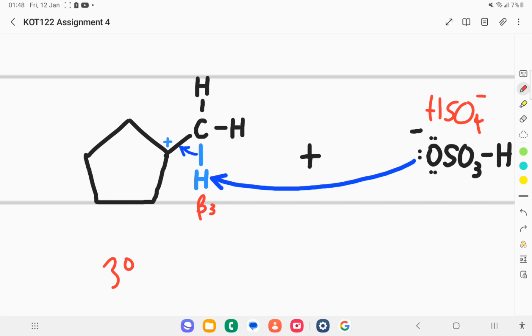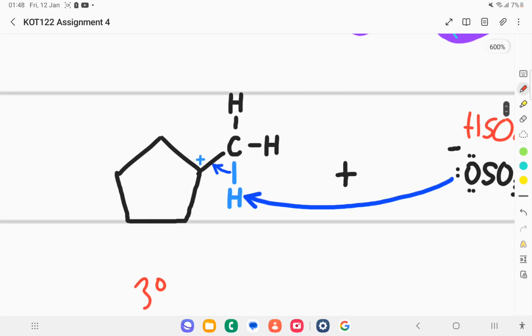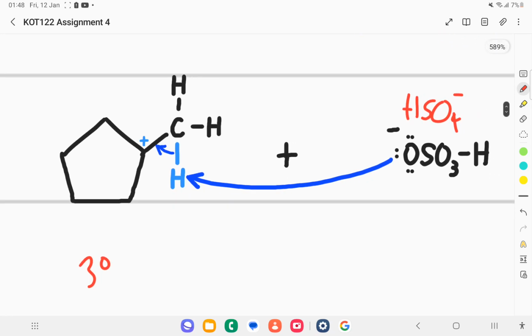So here, I think this is not beta 3 hydrogen, sorry. This is just a hydrogen atom. So one of the lone pairs from H2SO4 minus on the oxygen atom will be used to remove this hydrogen atom.